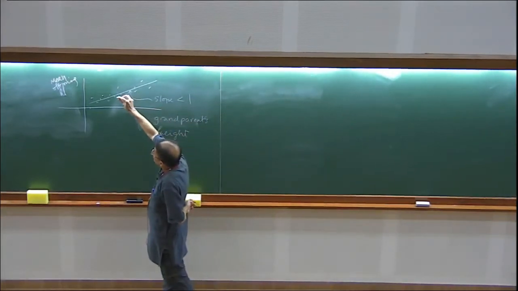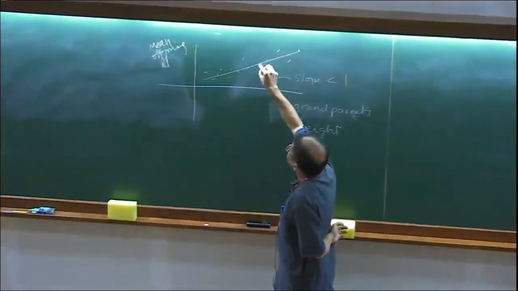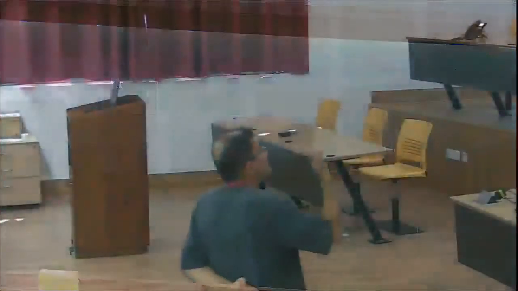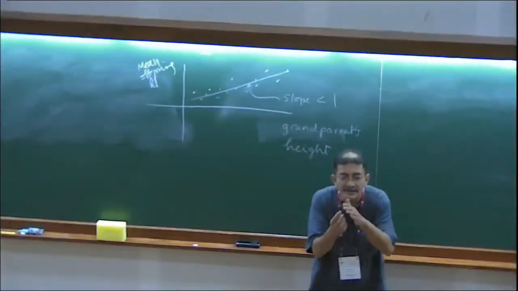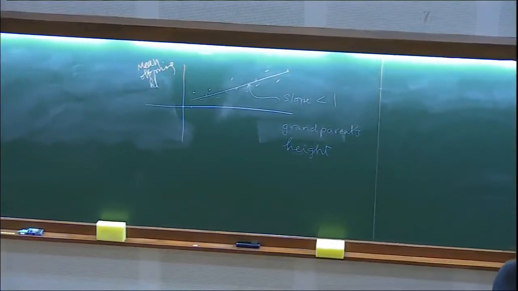And he interpreted this slope as determining or reflecting the degree to which the trait was determined by nature versus nurture. So he interpreted this slope as being the degree to which this trait was determined by hereditary factors.